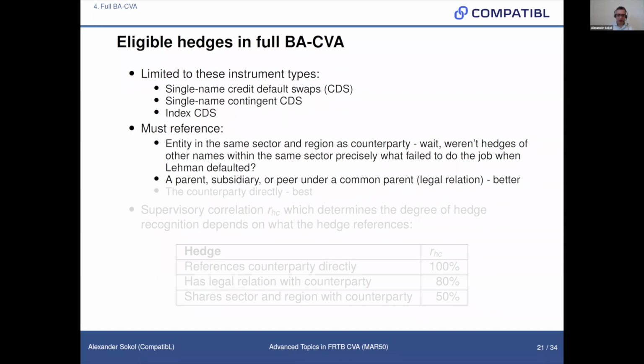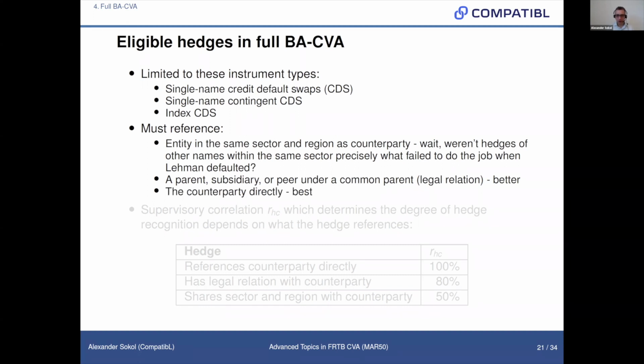Now the other category that's allowed is a parent, subsidiary, or peer under a common parent legal relation. Well, that's much better. Normally, if the parent defaults, the subsidiary defaults. The opposite is not always true. And actually, it's surprising that there is no differentiation here whether it's a parent or the subsidiary, because normally subsidiaries sometimes default, parents don't. The opposite is more rare. Well, they're treated the same, and two subsidiaries of a common parent also the same.